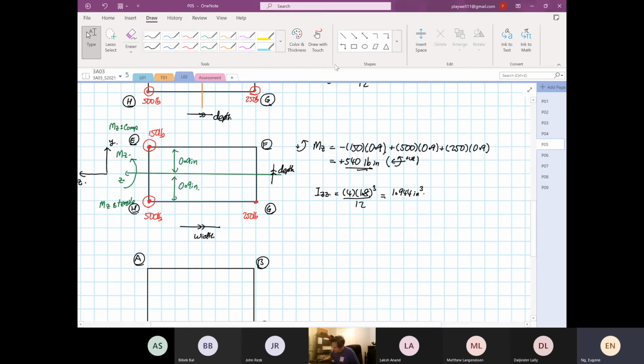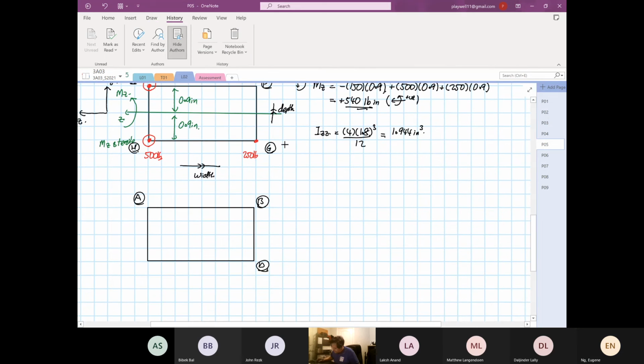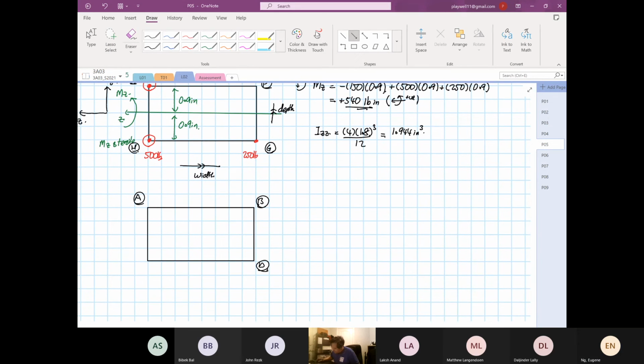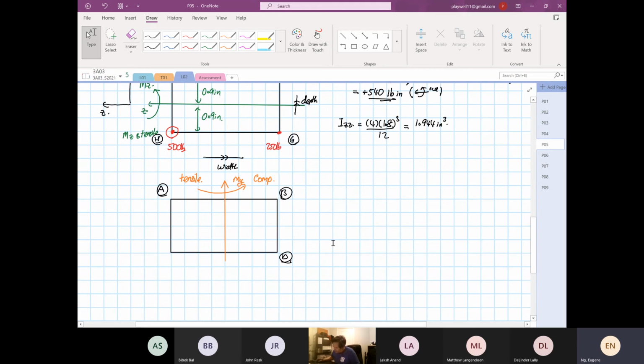This is our orange, and this will be our MY. This will be compression. This end will be tensile. And then we're going to draw our MZ.